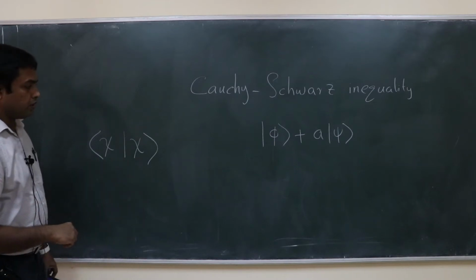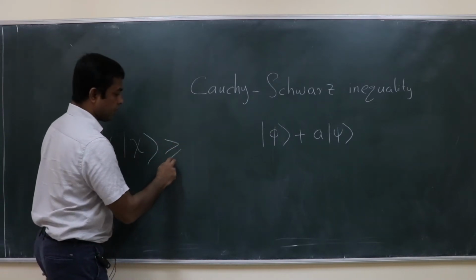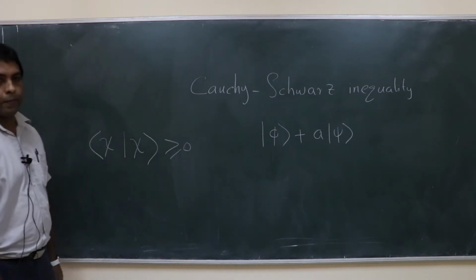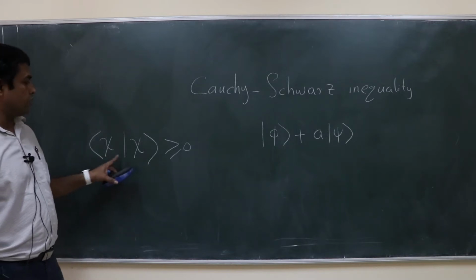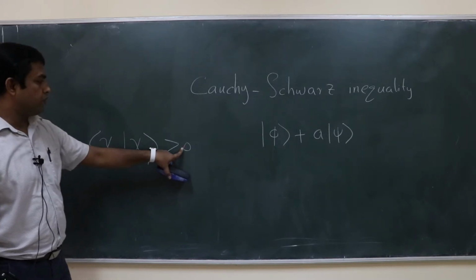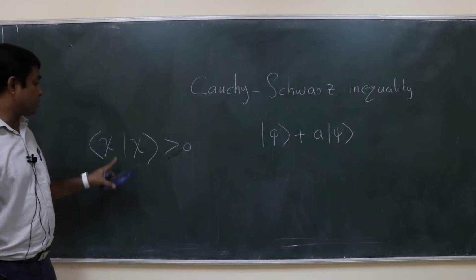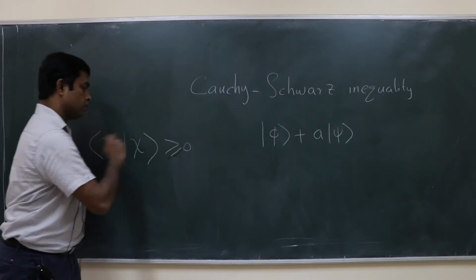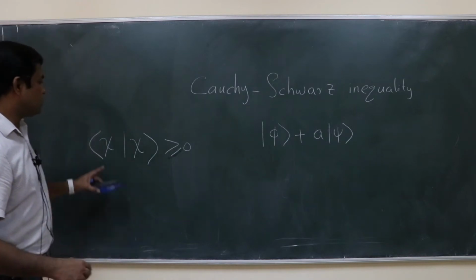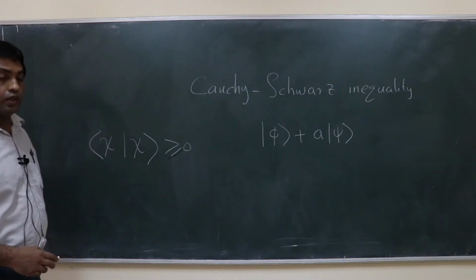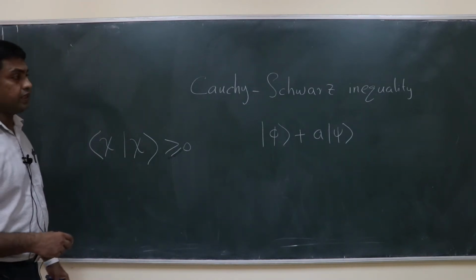This quantity will always be greater than or equal to 0, right? When will it become 0? If it is a null vector. So this will always be a positive or 0 number, right?